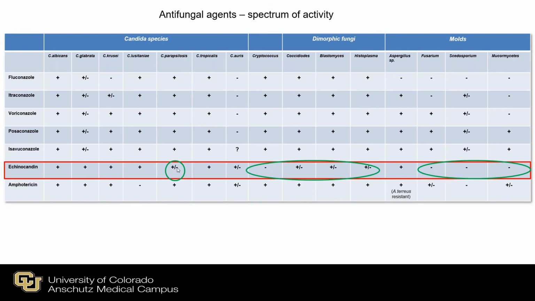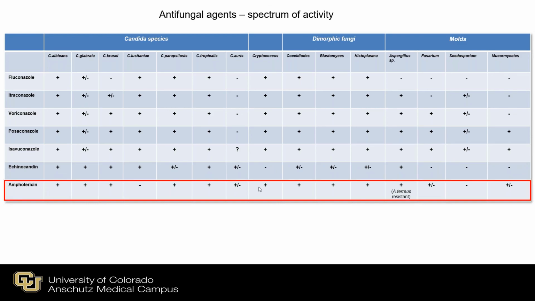Candida parapsilosis tends to have a higher minimum inhibitory concentration to echinocandins, and therefore treatment failures have occurred if you use an echinocandin for Candida parapsilosis. Mostly in our clinical practice, we use it for invasive candidiasis until we know susceptibilities to fluconazole, and if it's fluconazole susceptible, we step down from an echinocandin to an azole. These come only in intravenous formulation.